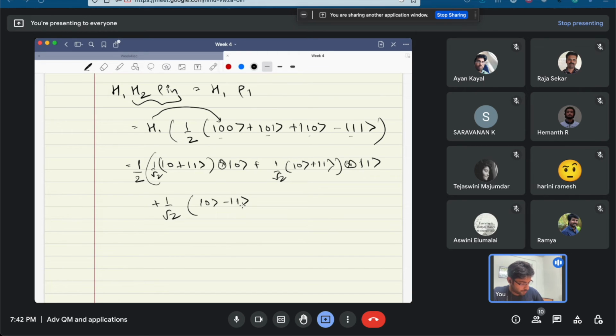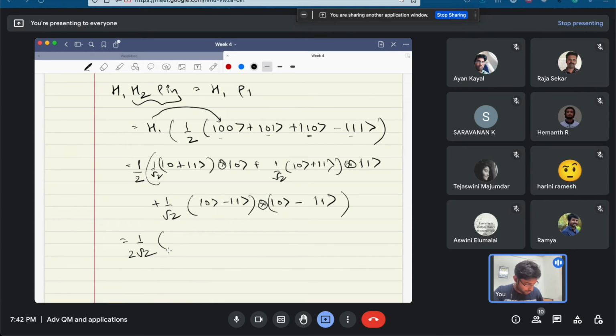Since this is 1 0, actually you can take this as common since they both have 1, and you can write it as 0 minus 1.